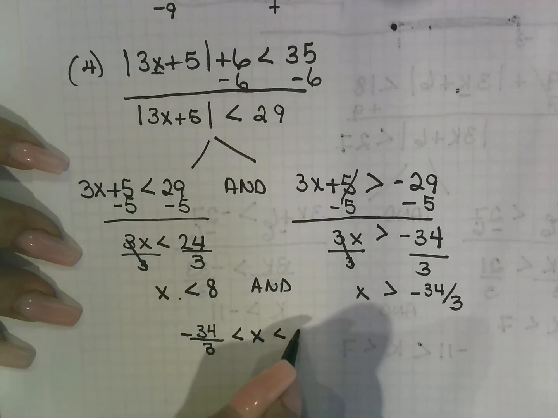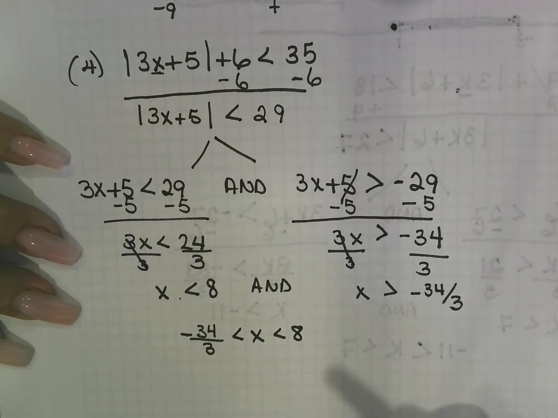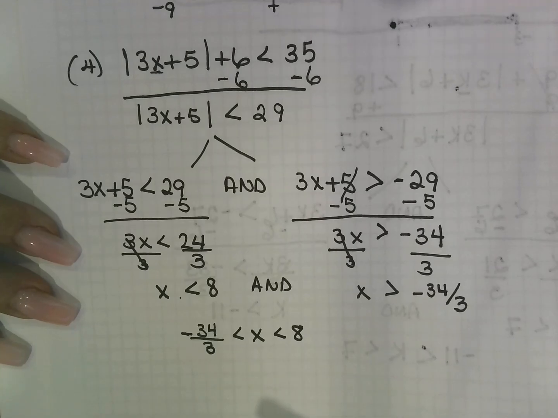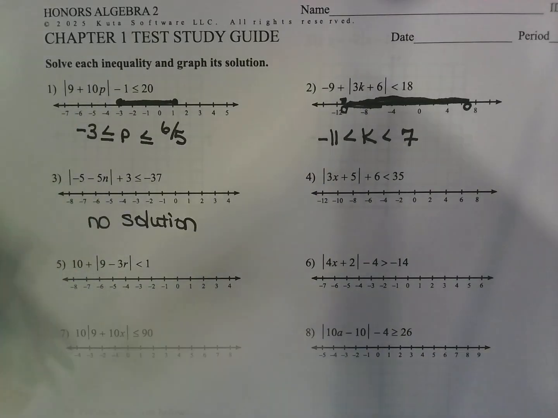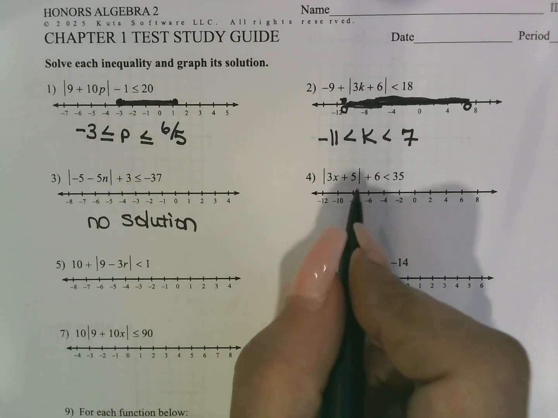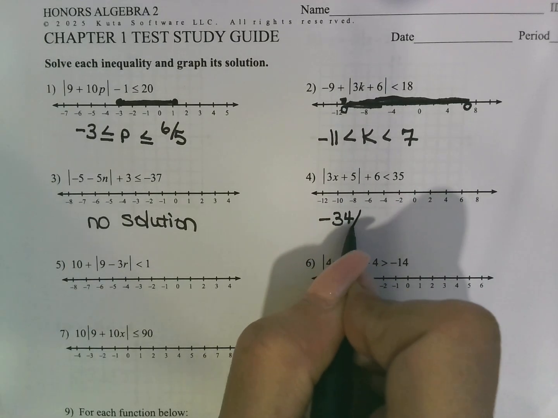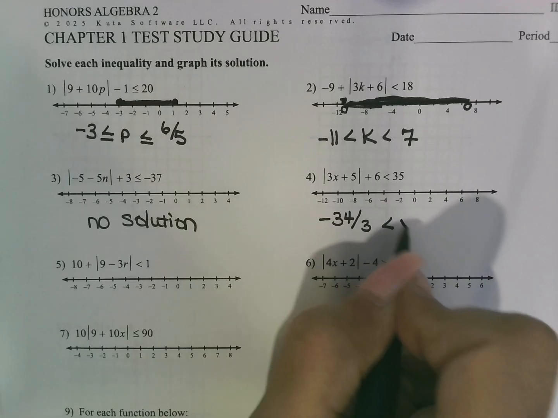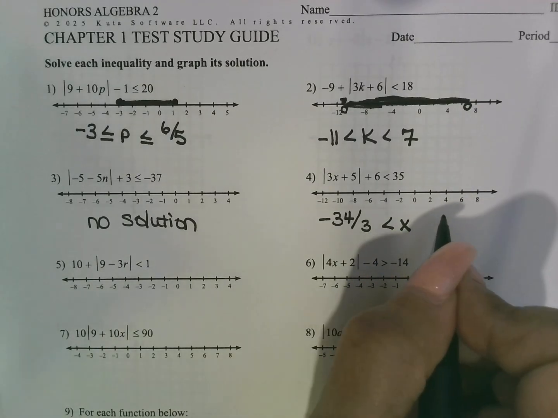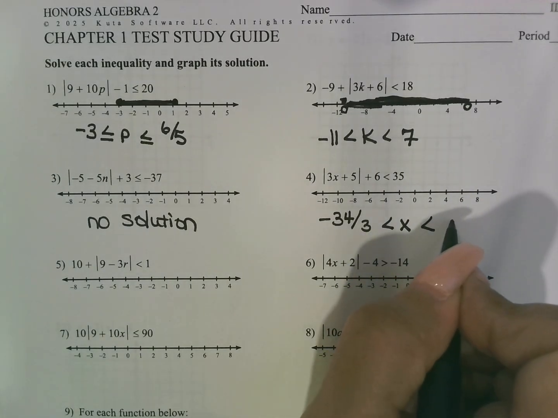And x will be less than 8. Okay? So let me go ahead and write that over here. Let me just copy it. Negative 34 over 3 is less than x, which is less than 8.